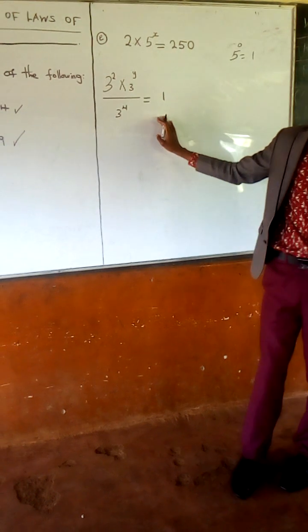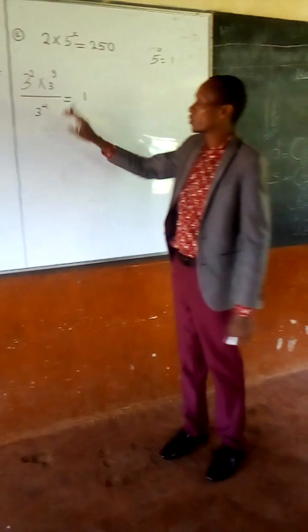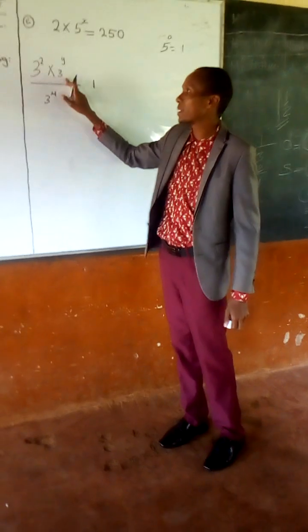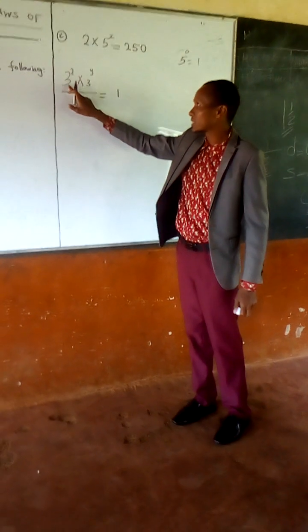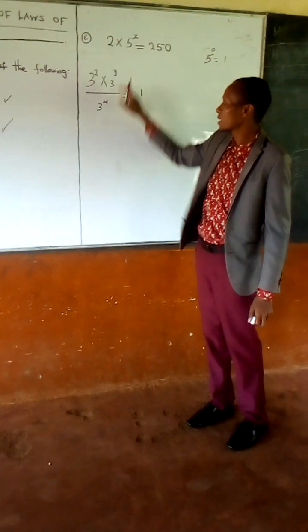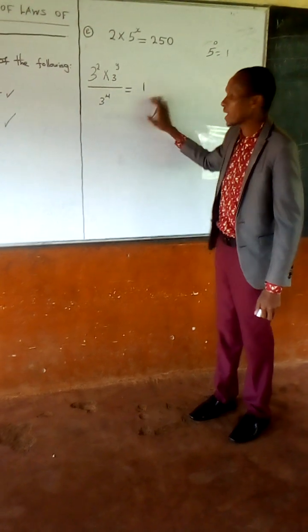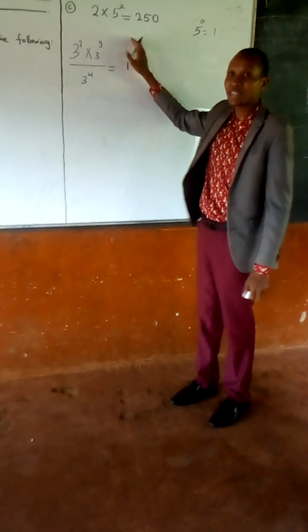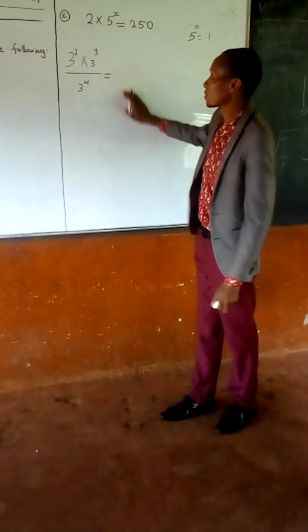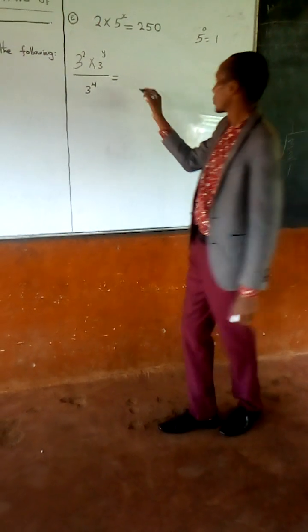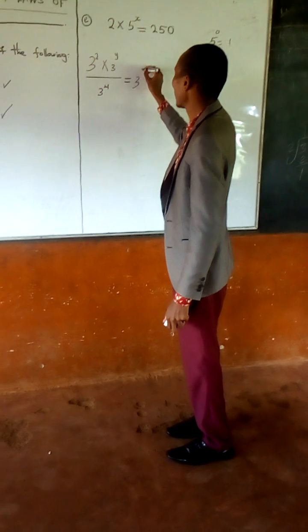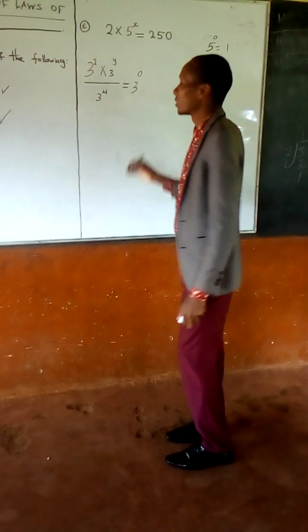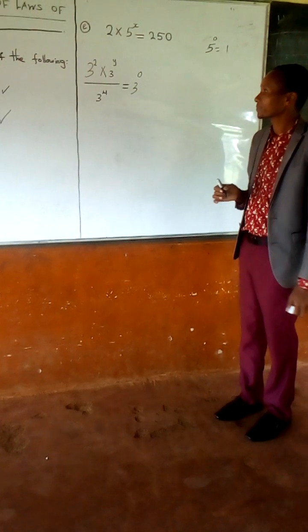It is 3, because we are trying to make the bases the same. As you can see, this is 3 raised to 2, 3 raised to y, 3 raised to 4. So this side again must be 3 raised to something. And you know that for us to get 1, we say 3 raised to 0.